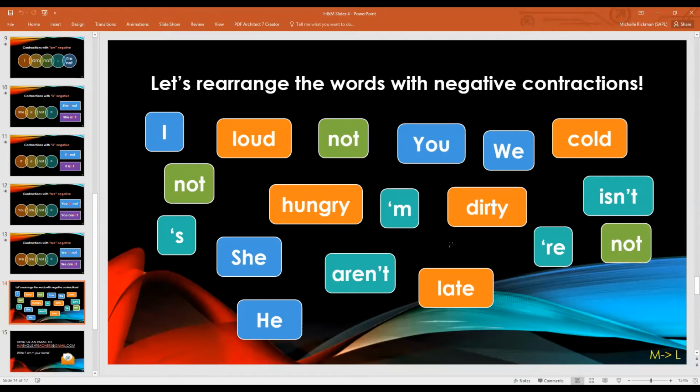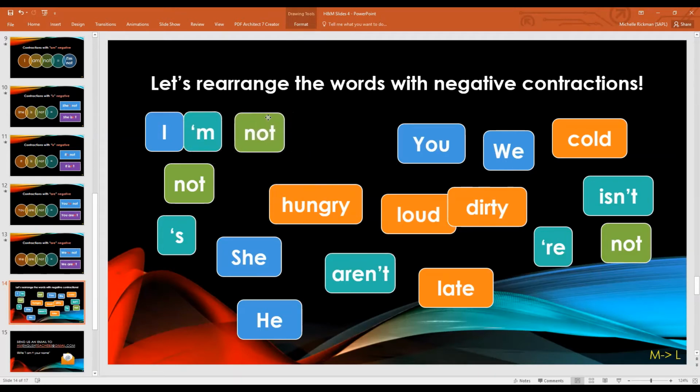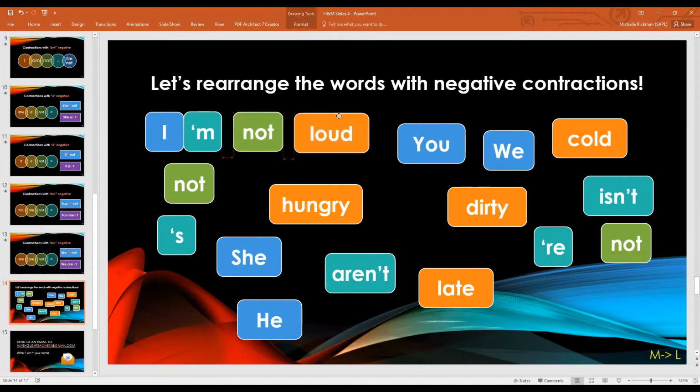Could we say I'm not loud? Yes. So instead of I am, if we're making a contraction, it would look like this, right? I'm. And the negative comes second. Like you said, I'm not. And what descriptor did you want to use? Let's do loud. Okay, I'm not loud.